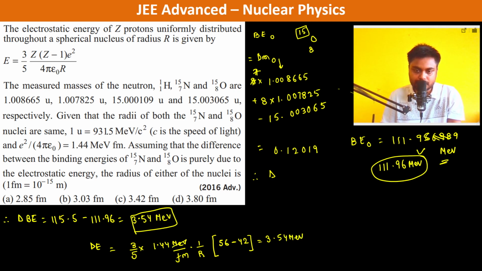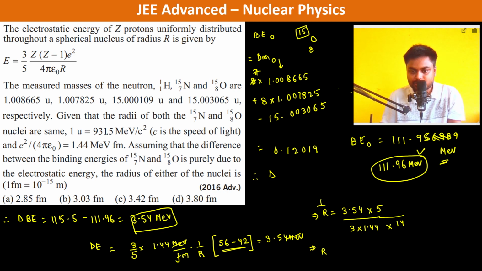So R becomes 3.54 into 5 divided by 3 into 1.44 into 56 minus 42, which is 14. So R is going to be 3 into 1.44 into 14 divided by 3.54 into 5.